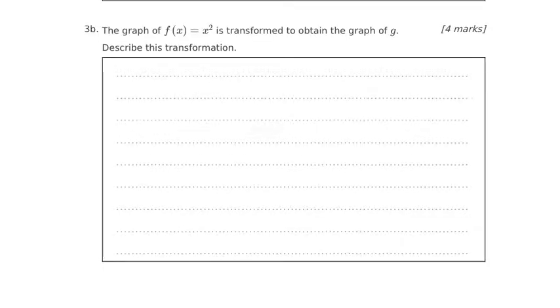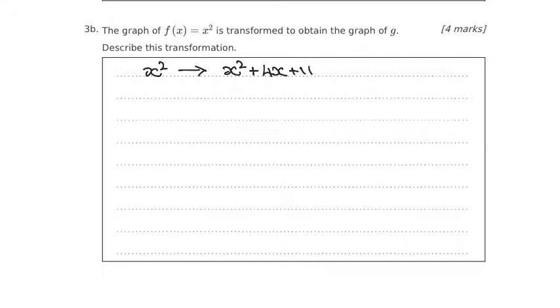In part B, we're told that the graph f of x equals x squared is transformed to make the graph g of x, and we have to describe the transformation. So that means that x squared goes to x squared plus 4x plus 11.